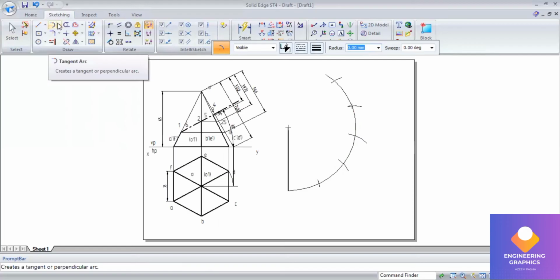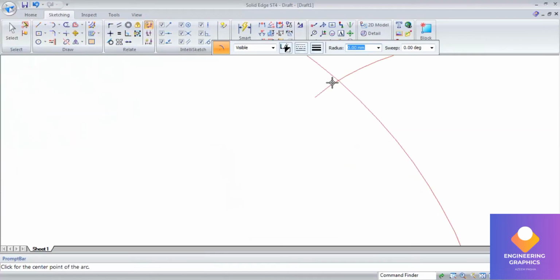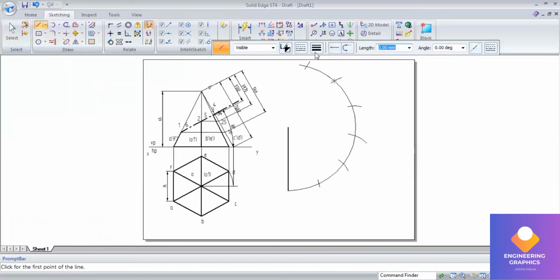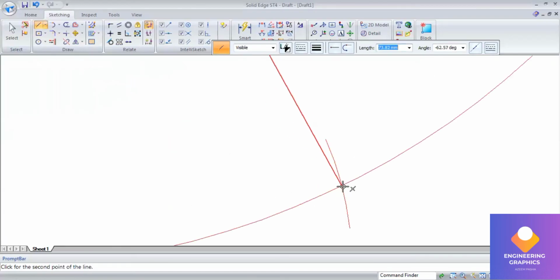Now join all this. You can extend this because we need another arc point. Just extend it and cut another arc from this end. Draw the slant edges here.